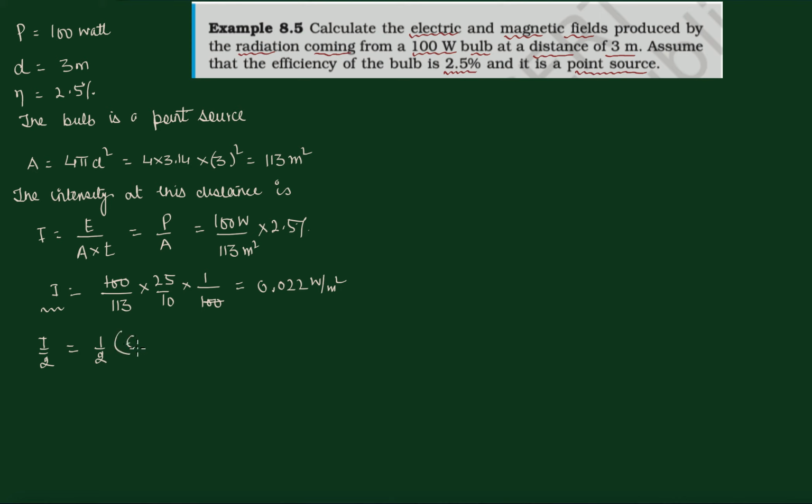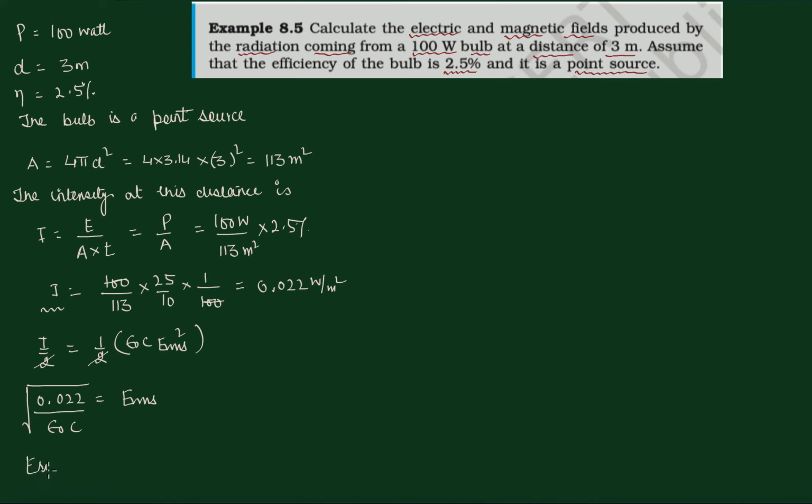And this expression you studied earlier, epsilon 0 c times E squared, this is root mean square value of electric field. So from here on you can calculate E root mean square value. So intensity 0.022 is equal to epsilon 0 times c times E root mean square squared. Now this epsilon 0 इसका हम वैल्यू सब्स्टिट्यूट कर देते हैं.